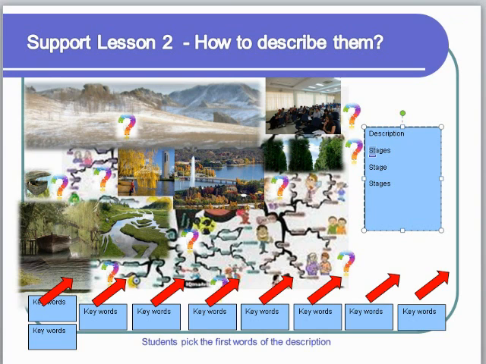Each of these paragraphs begins with a specific word. So we look at these words, and what we will now be looking for is, from this selection of words here, which we have on the bottom, the words that suit us.